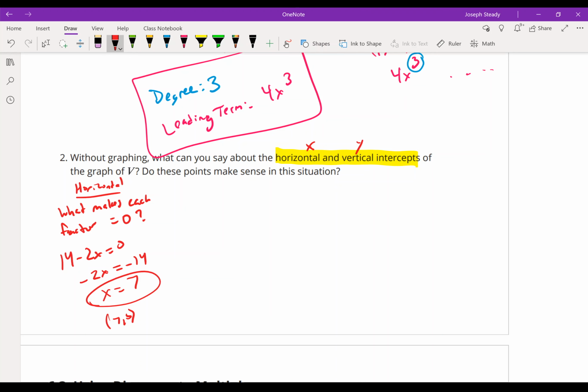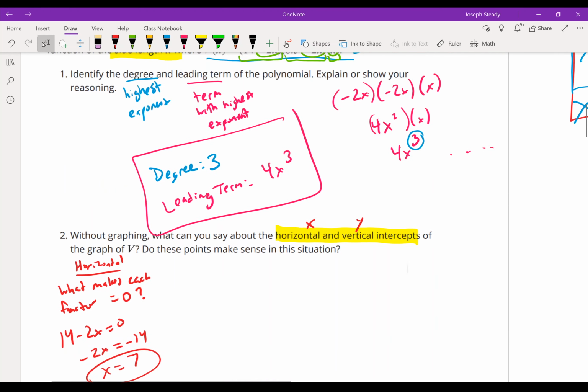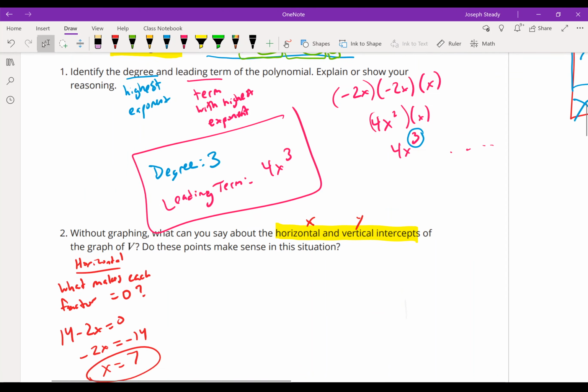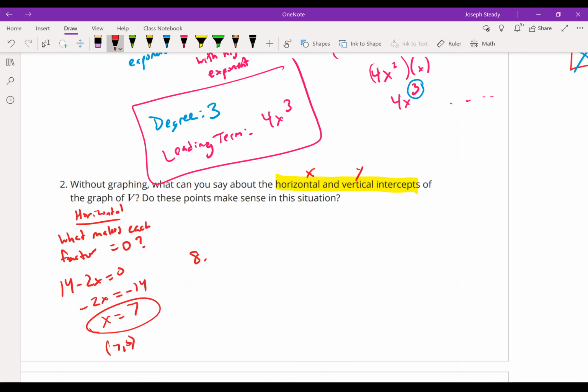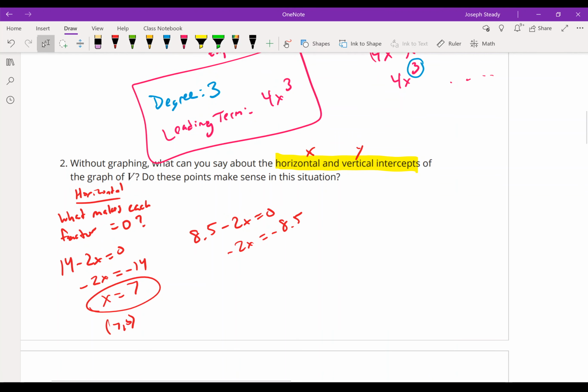Another horizontal intercept: I can take that next factor, 8.5 minus 2x, and set that equal to 0. Again, I subtract the 8.5 over, so negative 2x equals negative 8.5, and then divide by negative 2. x equals negative 8.5 divided by negative 2, which is positive 4.25.